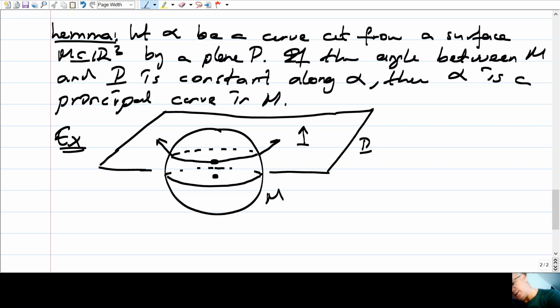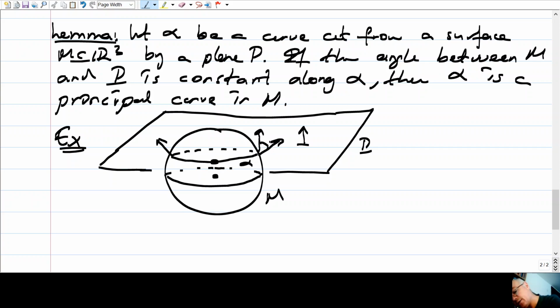At this point it's like this, and you just take this curve and move around, and this direction points a little bit upward. Since I cut this with a plane parallel to the z-axis, this vector changes as I move along alpha, but the angle between this vector and the z-axis is always constant.